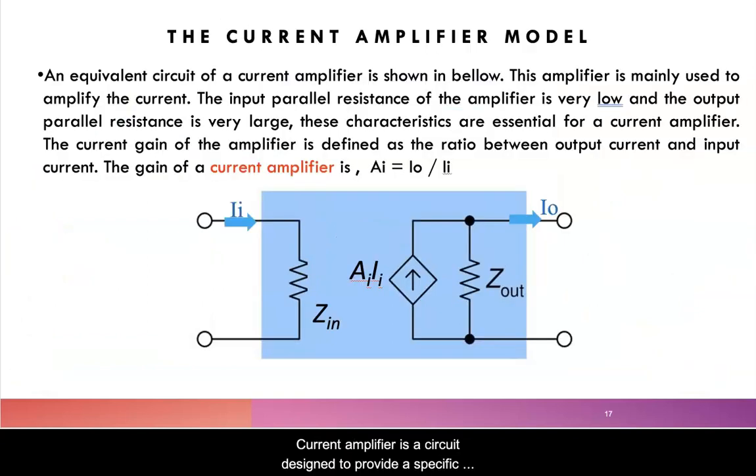Now let's discuss the current amplifier. The current amplifier is a circuit designed to provide a specific value of current gain. The general model of a current amplifier is shown in the figure. The current amplifier has input impedance Zin, output impedance Zout, and current gain AI.